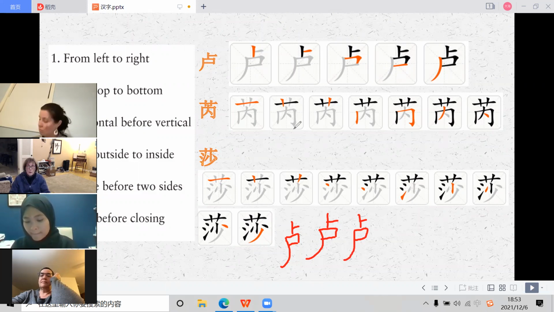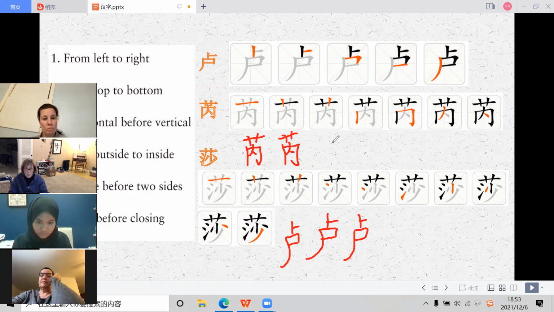And 锐: 横竖竖竖横折钩撇点. Top, 左 left, right, 横点.